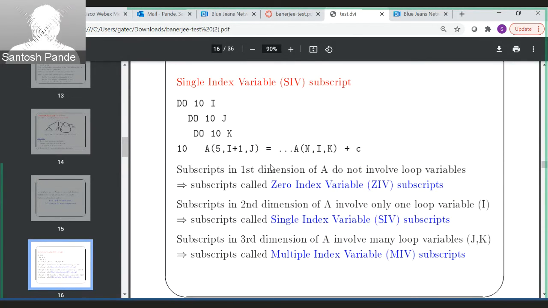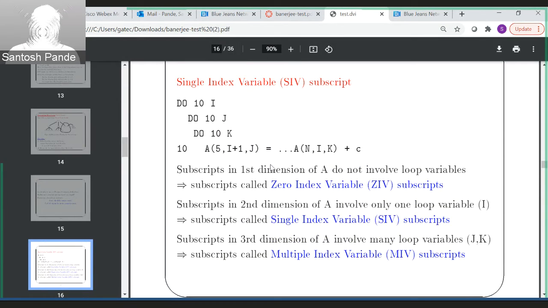And interestingly, depending on the types of things that we encounter, the dimension by dimension testing allows us to do very interesting types of special dependence analysis. So look at this particular example. In the first dimension, there are no loop variables involved, neither I nor j nor k. And so we just have two constants, a symbolic constant n and then an actual constant 5.